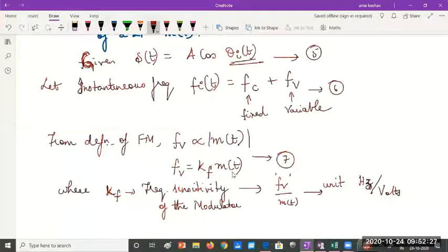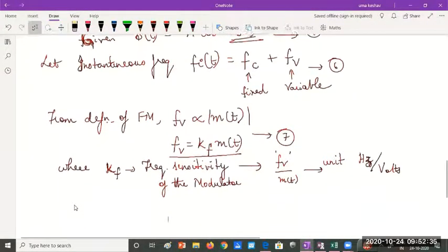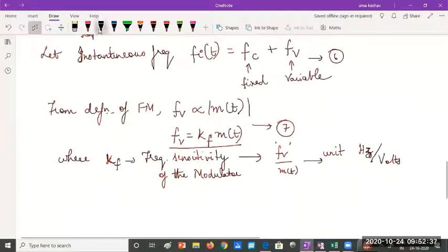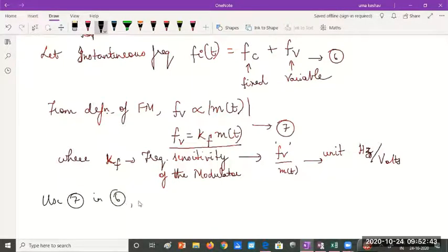So now all reverse substitutions. Use equation 7 in equation 6. What do you get? We get instantaneous frequency is Fc plus Kf m of t.